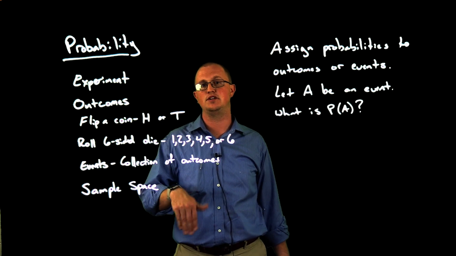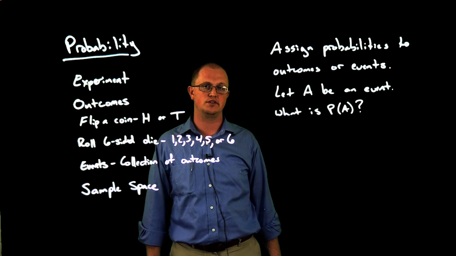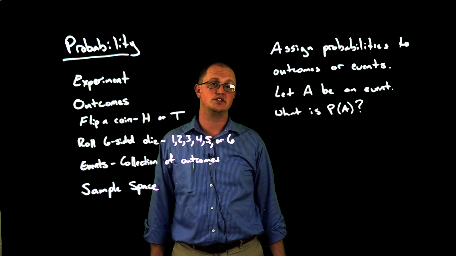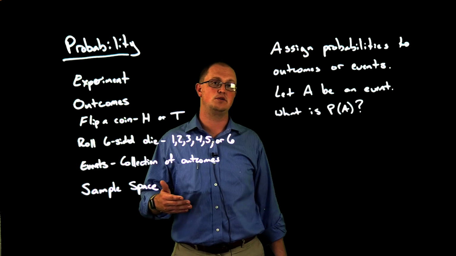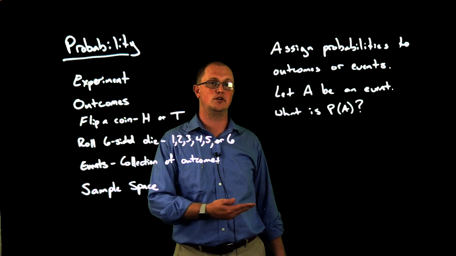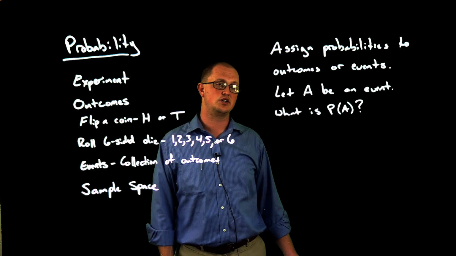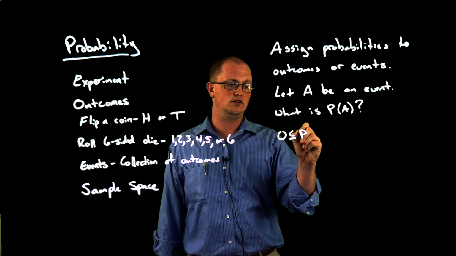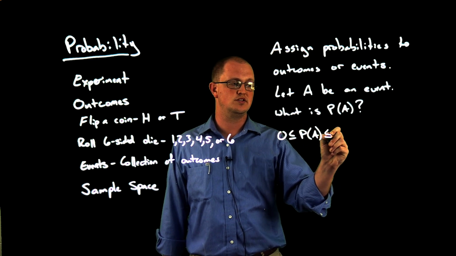Something happens 50% of the time, or 75% of the time. In this class, we want to talk about probabilities as decimals. So 50% becomes 0.5, and 75% becomes 0.75. And so in that case, probabilities will always fall between 0 and 1.